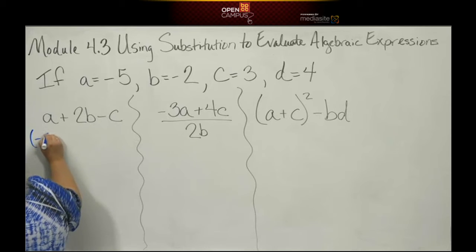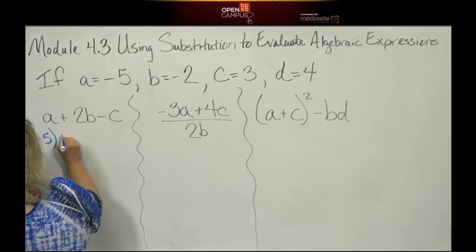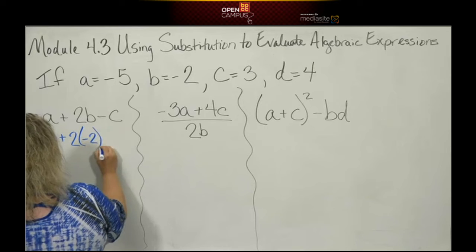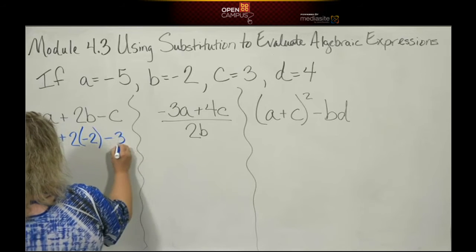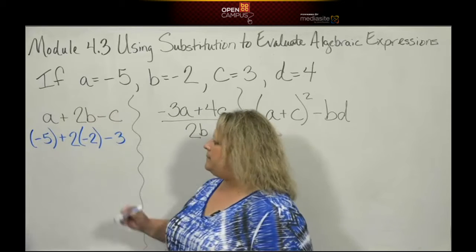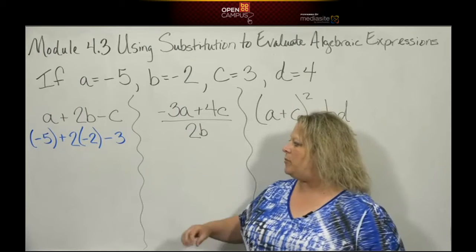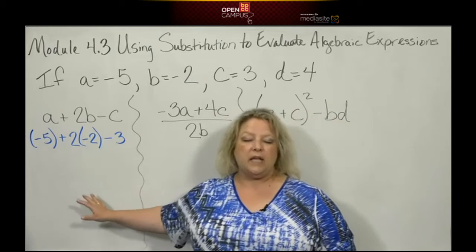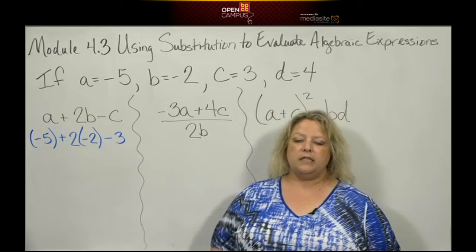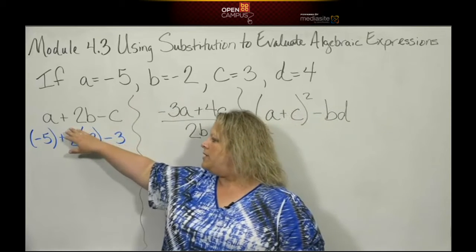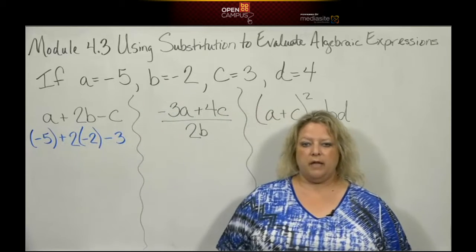A is -5, and I'm putting parentheses around it to show that it's negative. B is -2, I'm putting parentheses around that, and then C is 3. So that's the way it's going to look when I originally just set up the problem. Now I haven't done any order of operations. All I did was substitute the numerical values in place of the variables, okay?